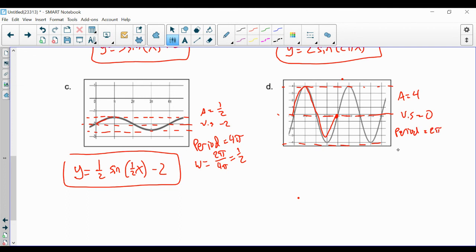So it's the normal period, which means W is 1. And then again, my creativity, it's another positive sine. So it's going to be positive 4 sine of x. No vertical shift, no change in period. So not too many transformations on that one.